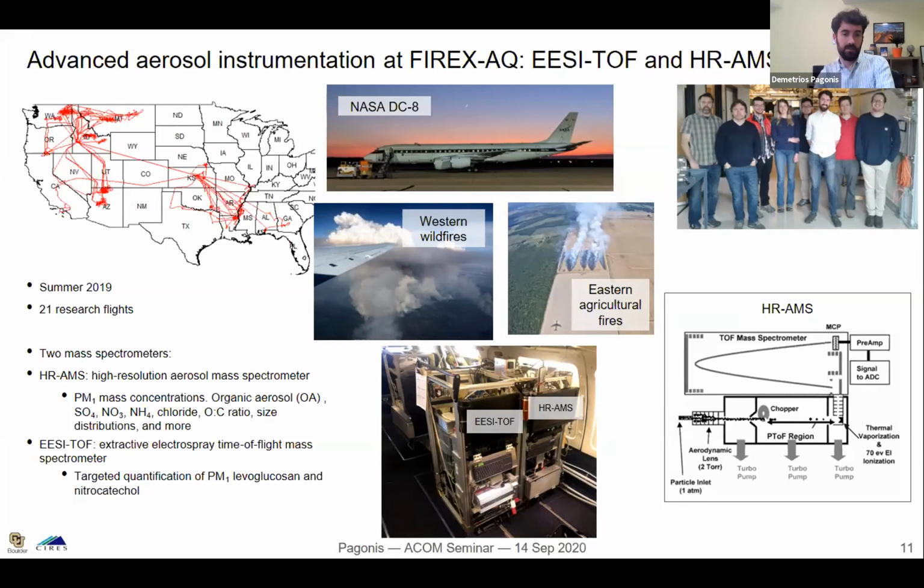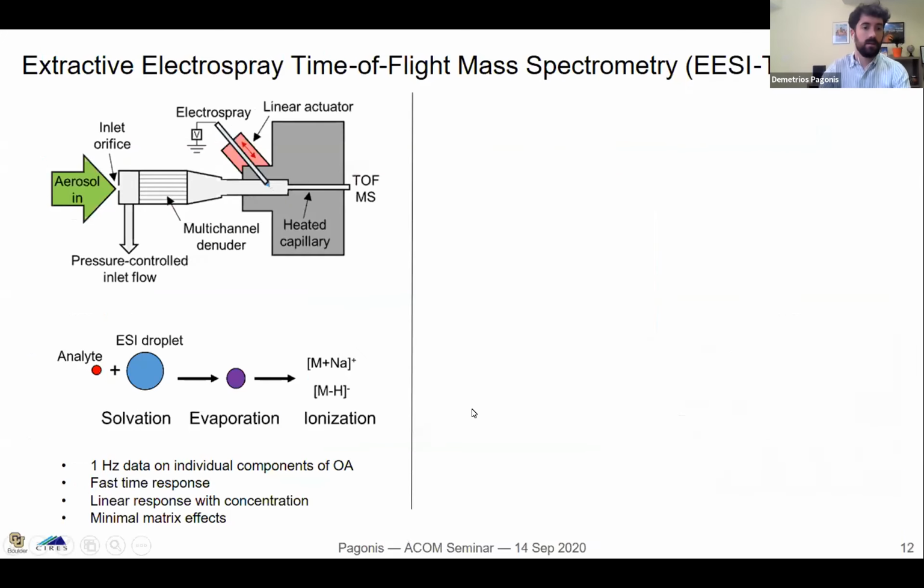And so here we're doing targeted measurement of individual OA components in order to complement the bulk properties of OA that are being measured by the AMS. So EESI is not a widely used technique. It's been around for a little while and has recently gained traction as it's become more sensitive.